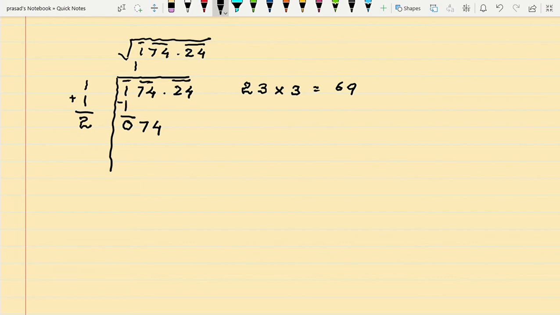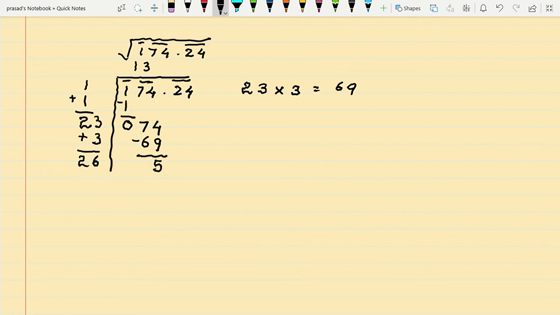So the next quotient is 3. The divisor is 23. So add the quotient again to get the new divisor, and that is 26. Now here you will subtract 69. 23 3s are 69, which gives you 5 here.